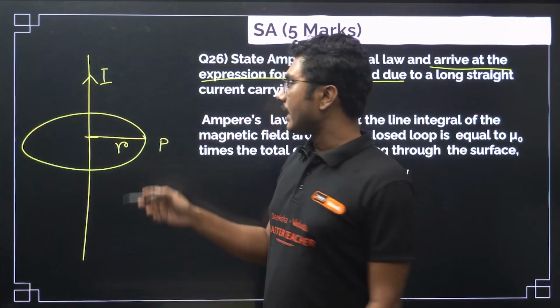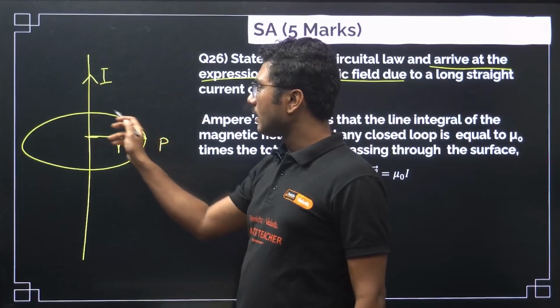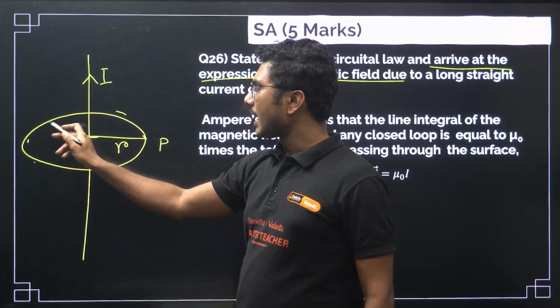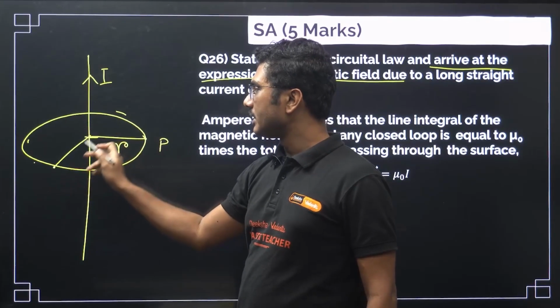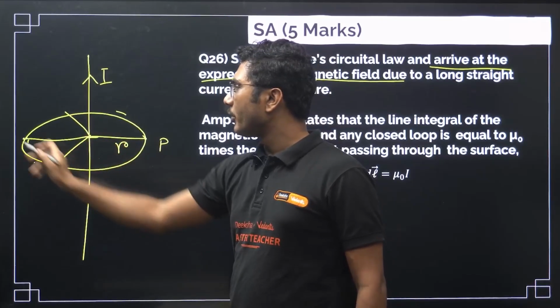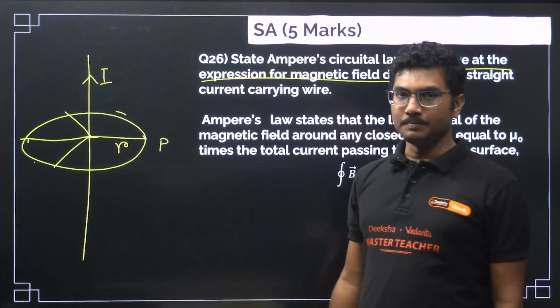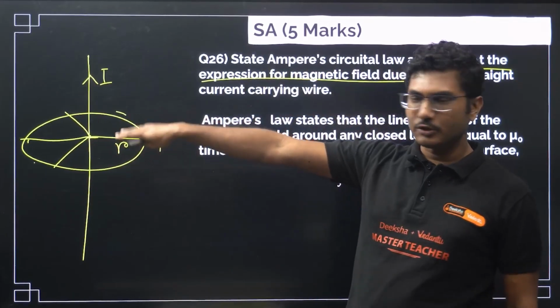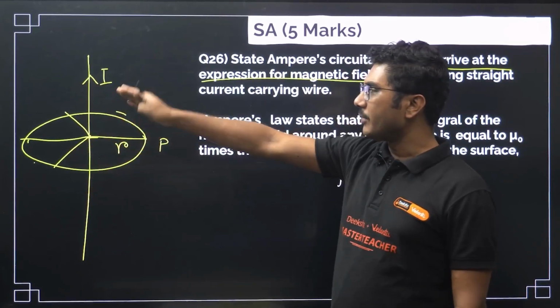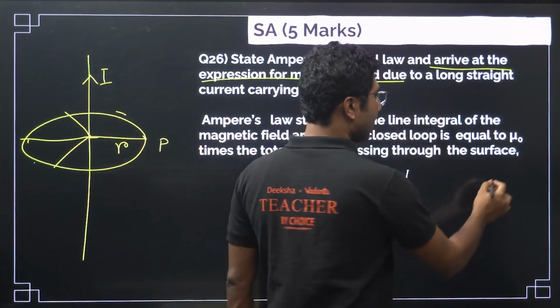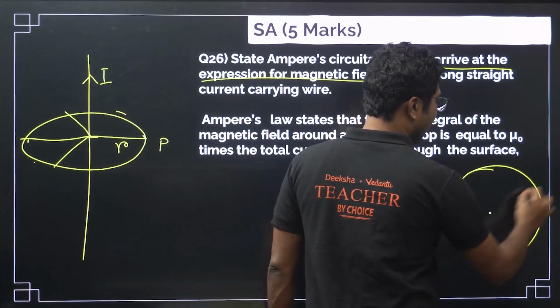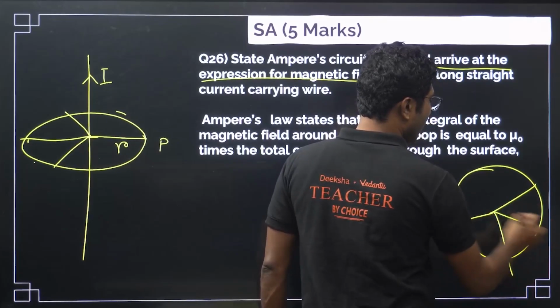All the points on this circle are at equal distances. This is a 3-dimensional picture, so it may not appear equal, but a circle has all its radii at equal distances, right.